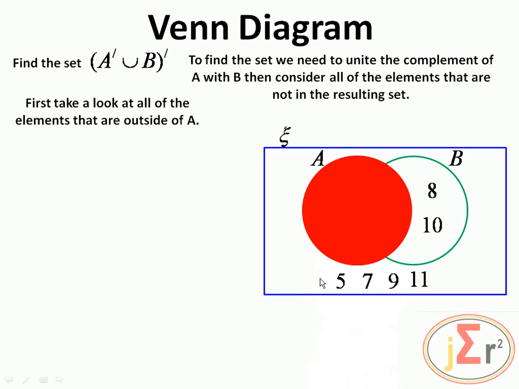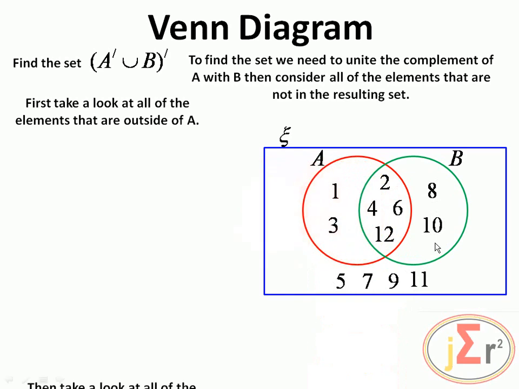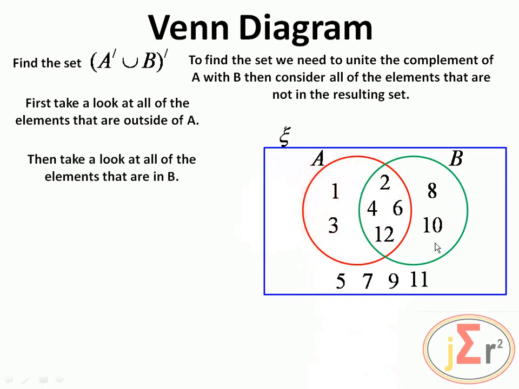And then what do we need to do? Take a look at all of the elements that are in B. Those are the elements that are in B. If you can remember, B is going to be united with A'. Remember that A' used to be these elements right here. So we have these elements representing A', and then we are going to unite that with B. So B is united with A'.